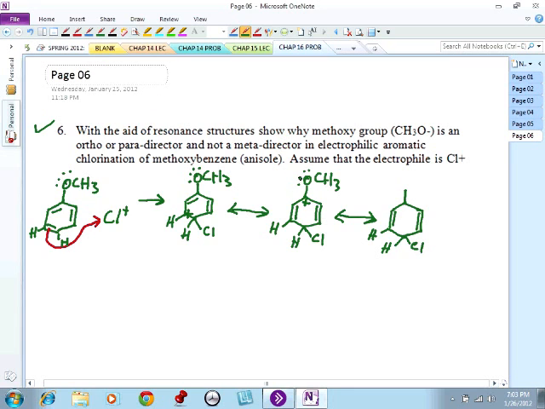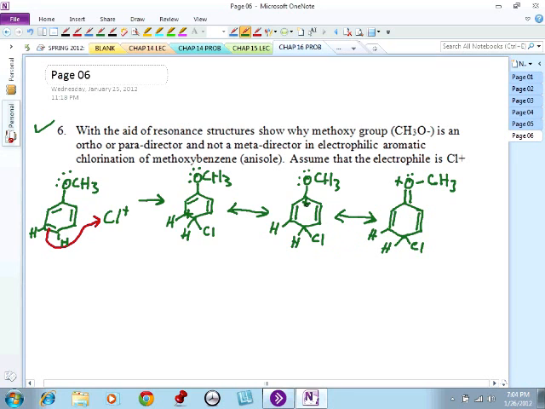So we are going to move this non-bonded electron to here, so it now forms a double bond, and we will transfer the positive charge to oxygen. Okay, so that is another resonance structure. Whenever you do this, if you can show that your resonance structure involves stabilization due to the atom attached to that carbon, then you could justify why it is an ortho or para-director. In this case, why it is a para-director.